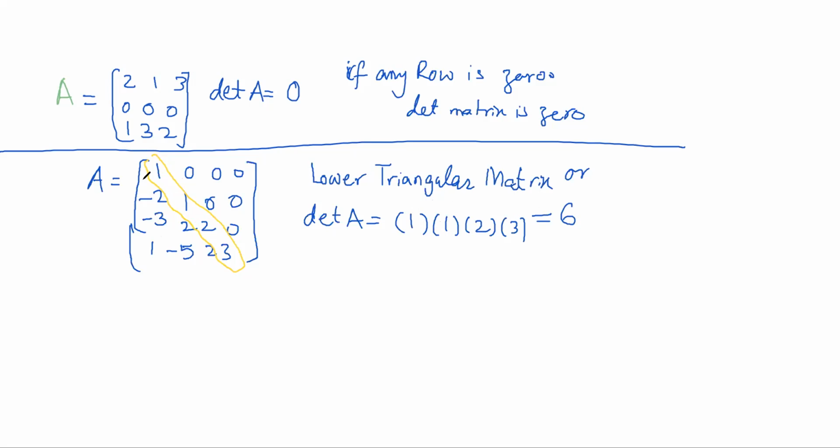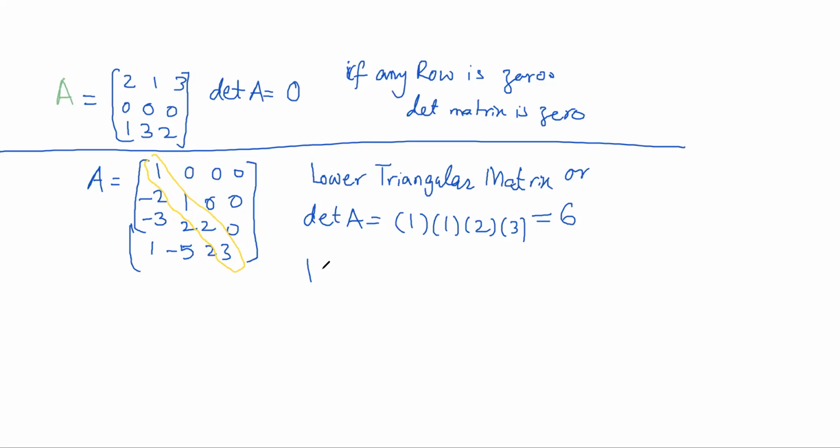This can also be verified with calculations, because if we apply the cofactor rule, we only have to consider the first element, because if we go along this row, all the other 3 cofactors will be 0. So we don't need to calculate the other terms.